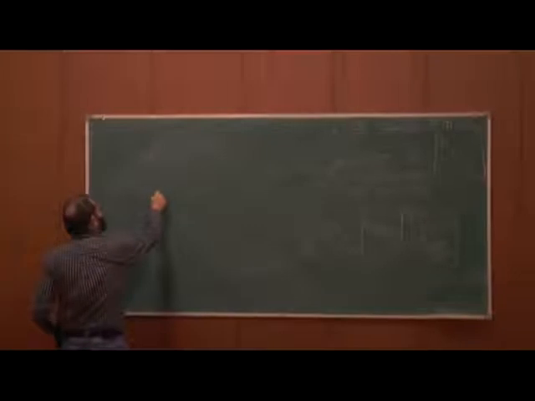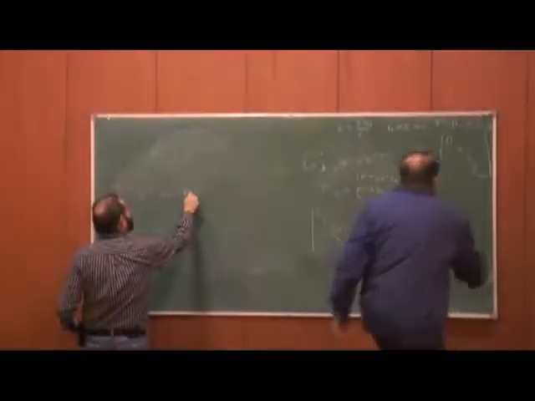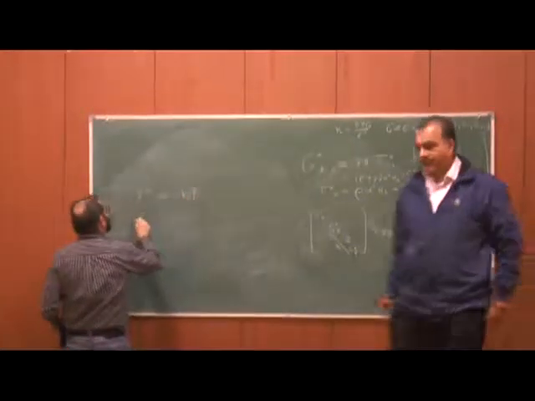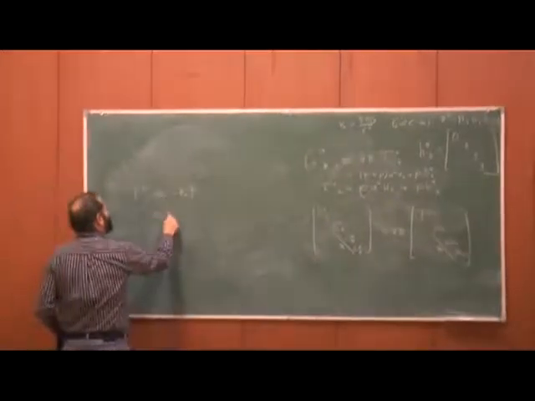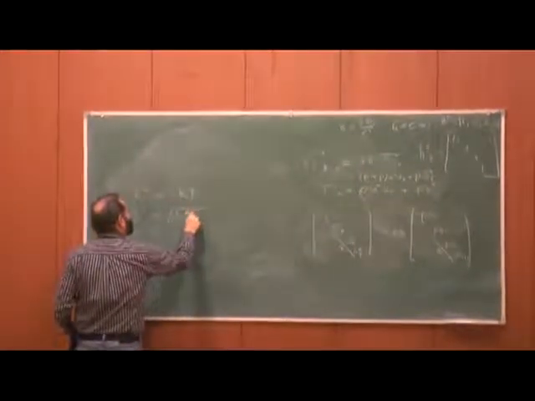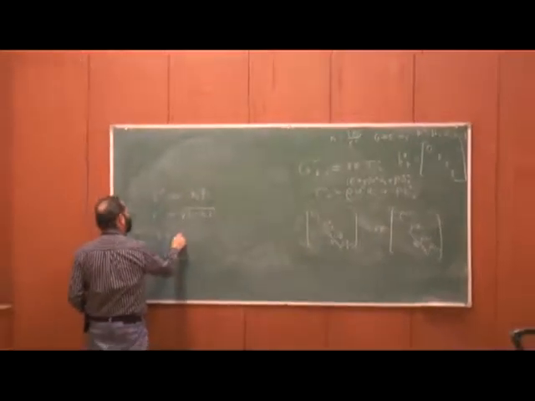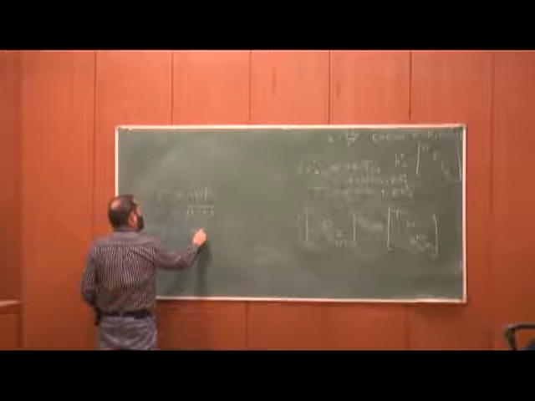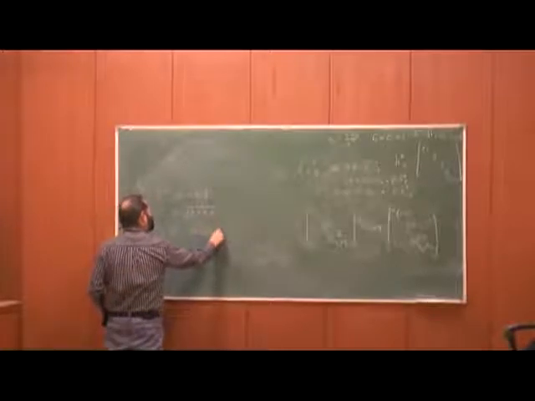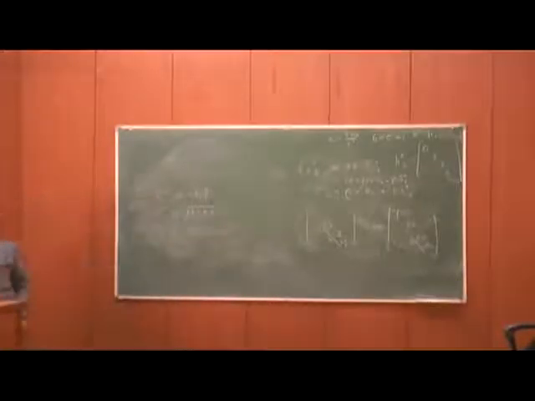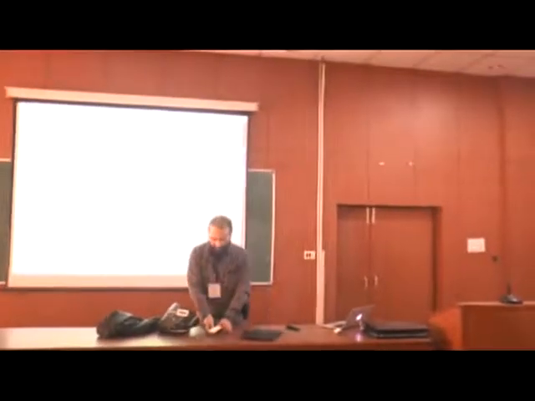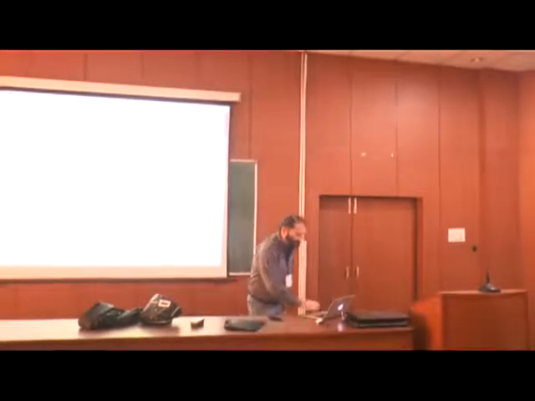See? f double prime is minus, okay, and f prime... you can check the solution of this system. Okay, but this is the file.